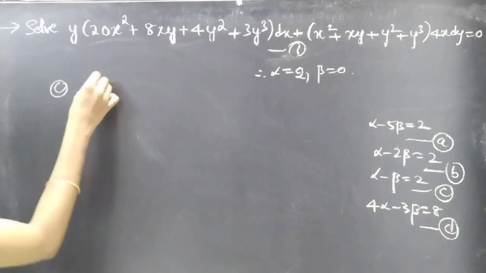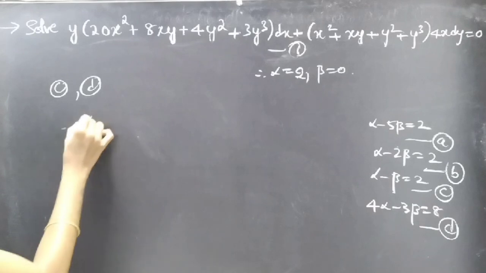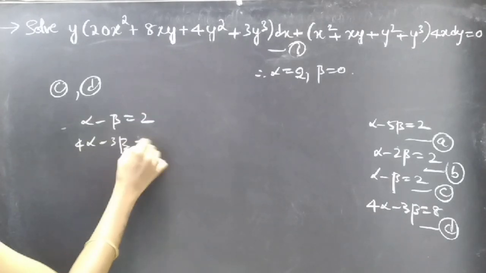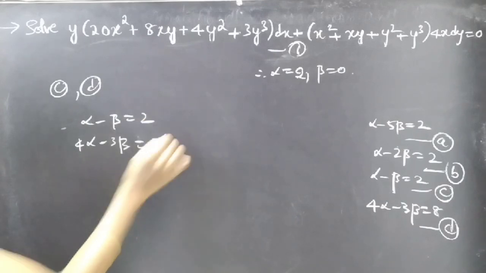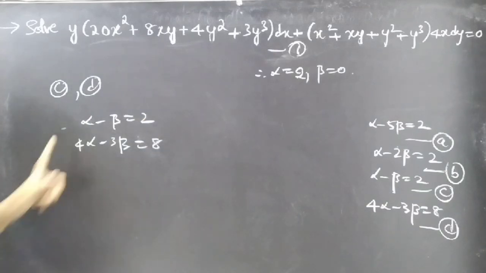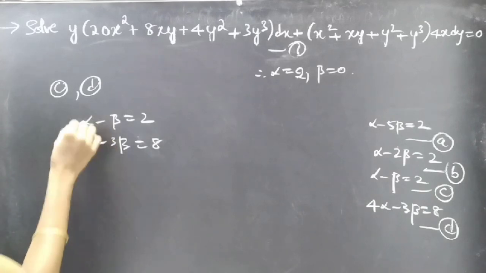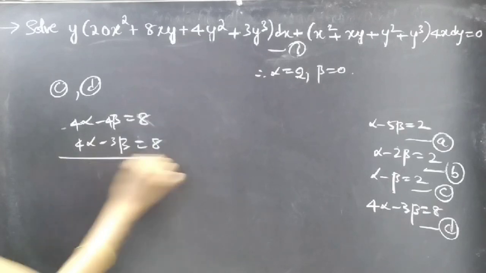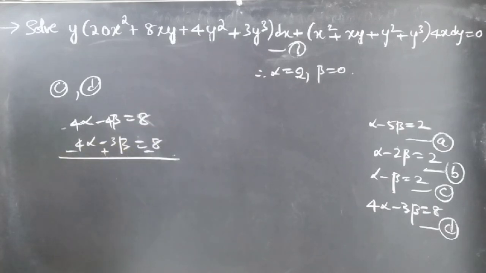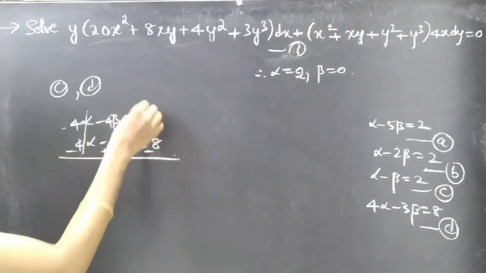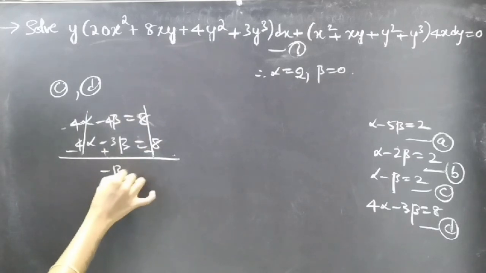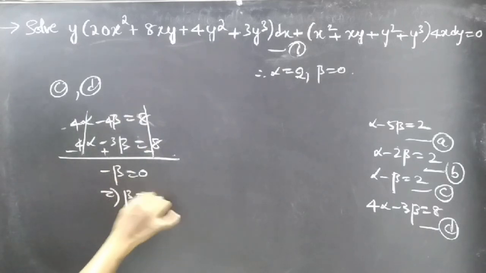If you consider C and D, this is equation C and this is equation D. So we need to multiply 4 to equation C. You'll get 4 alpha minus 4 alpha gets cancelled, plus 8 minus 8 gets cancelled, minus 4 beta plus 3 beta gives minus beta equal to 0. From this we'll get beta equal to 0, right?